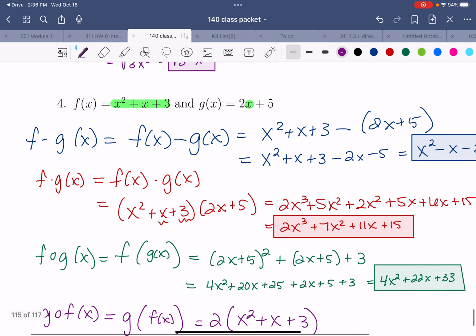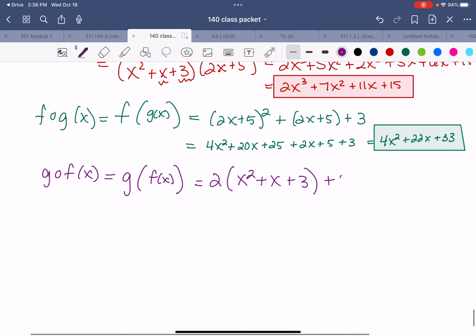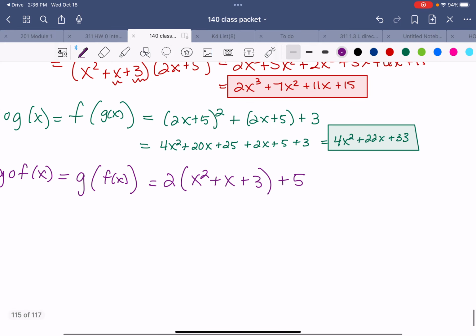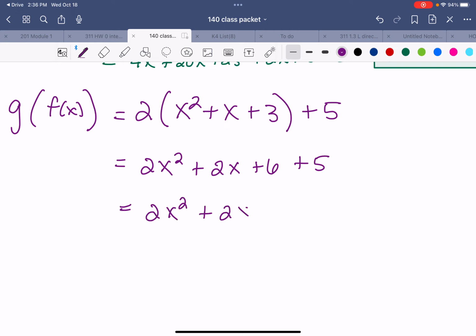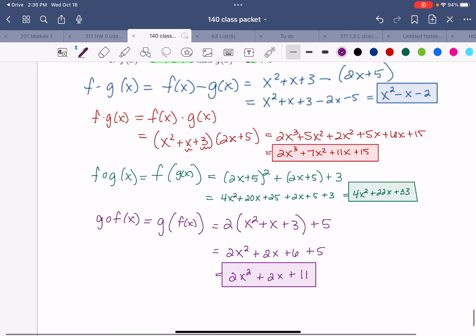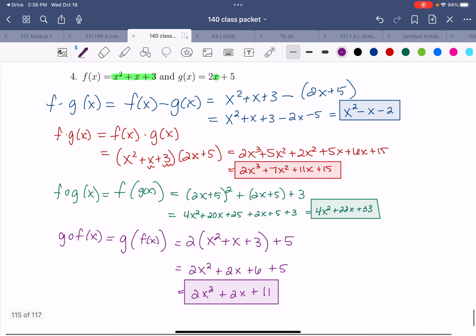And then we're going to add 5. So that becomes 2x squared plus 2x plus 6 and add 5. So that's 2x squared plus 2x plus 11. Okay, and there's our number 4.